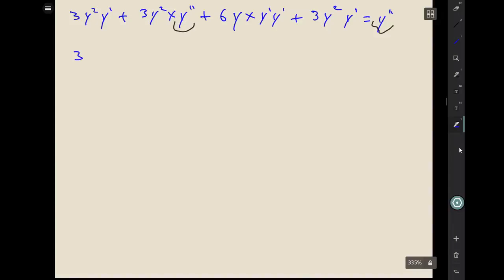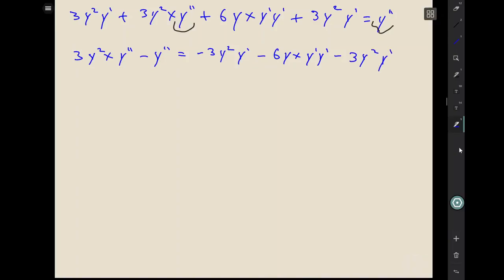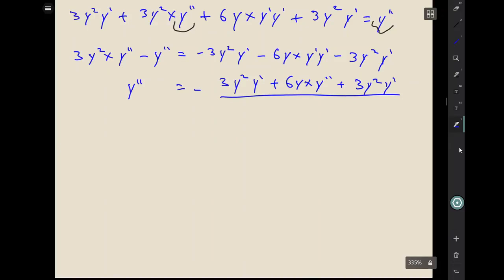So we're going to end up with 3y squared x y double prime minus y double prime is equal to negative 3y squared y prime minus 6y x y prime times y prime instead of y prime squared, minus 3y squared y prime, and we're going to end up with y double prime is equal to negative 3y squared y prime minus 6y x y prime y prime, oops, it's a plus now, plus 3y squared y prime, all that over 3y squared x minus 1.